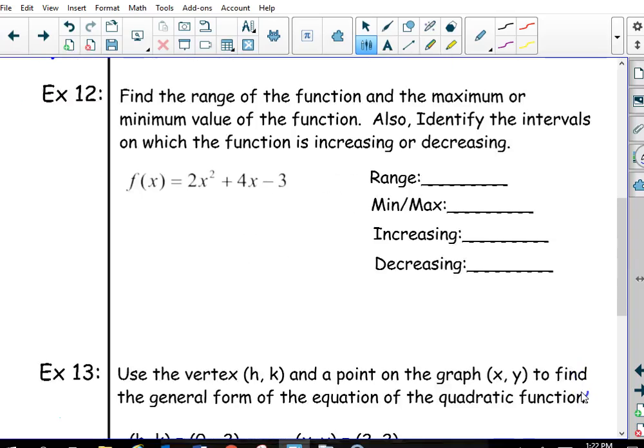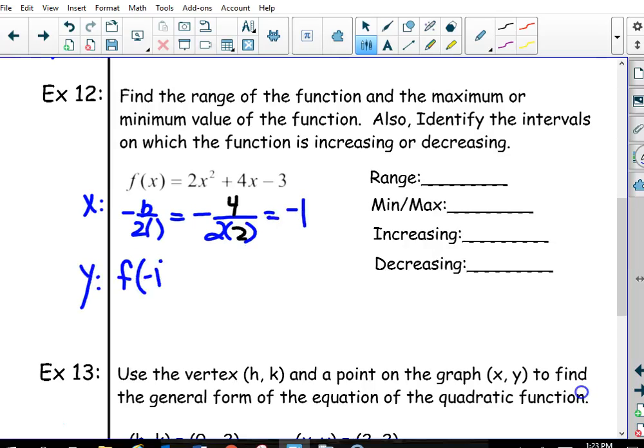Max or minimum value, also identify the intervals. All right, so again, go for the vertex. So it looks like I get a -4 over 4 and a -1. All right, 2 times positive 1 is 2, -4, -3.